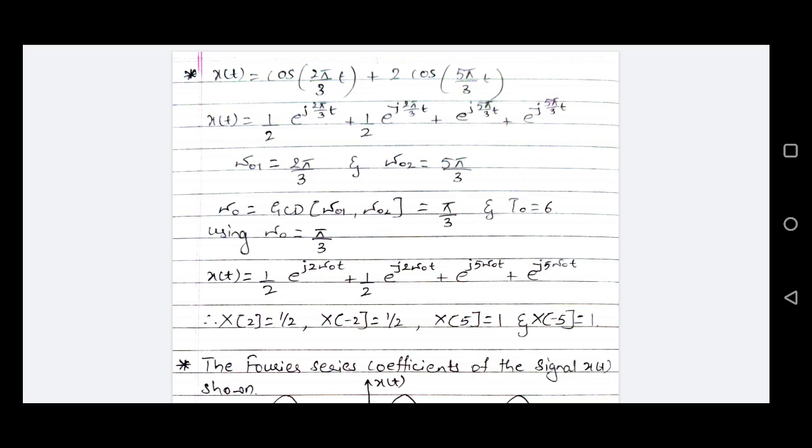If the fundamental frequency is pi divided by 3, then the fundamental period capital T will be equal to 6.